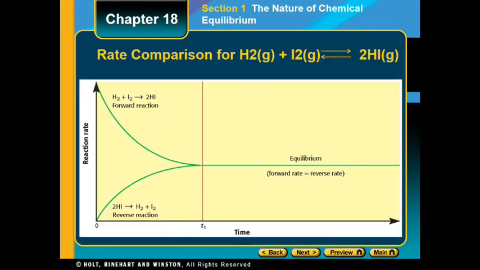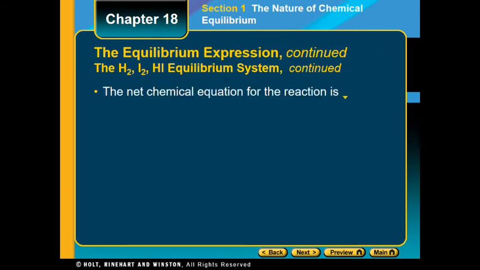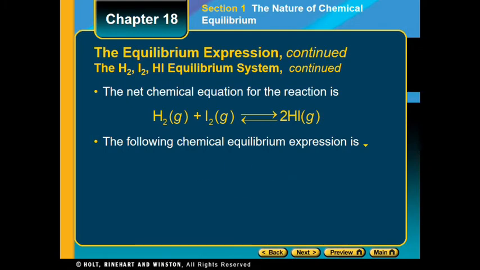This is what it's going to look like if you were to do the reaction rate graph, so reaction rate on your y-axis and time on the x. The forward reaction, hydrogen and iodine producing HI, and then you also see your reverse reaction, and they do reach an equilibrium point between the forward and reverse reaction. Our net equation would look like this.